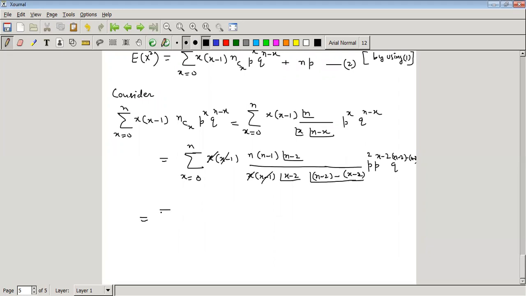So we can write the summation. Even we can take the common term. What is the common term? n into n minus 1 into p square. We take this to be common.